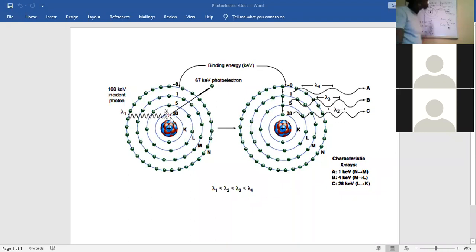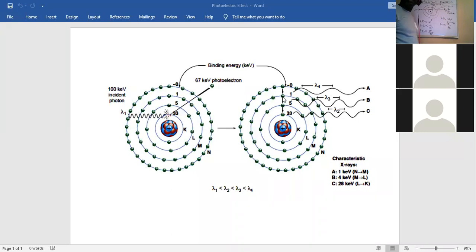So we have electrons here, an incoming photon interacting with this electron, which is given off, and after the electron was given off, we have a vacancy created here. The vacancy was occupied by another electron falling from this L shell to this K. From there, a vacancy was created here.